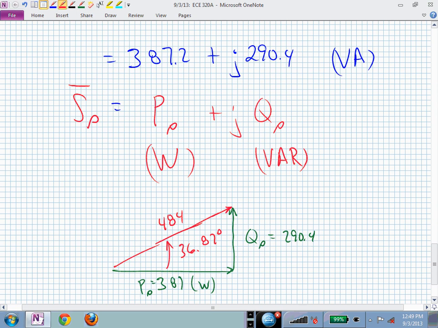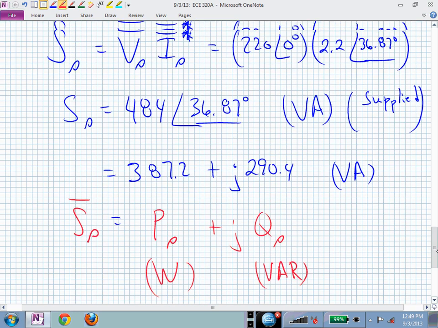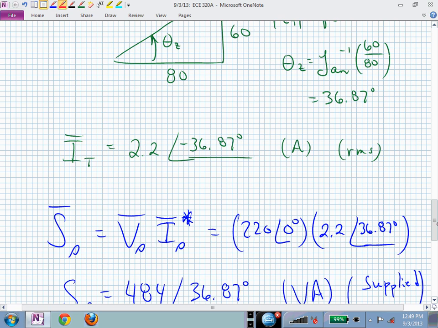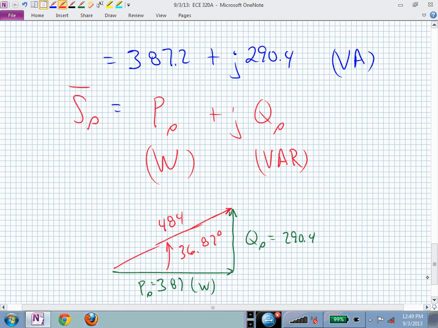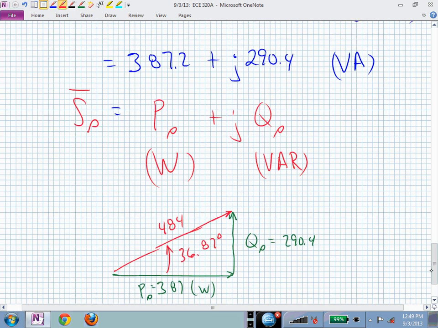Questions on that? Yes. Is the question, where did the P come from? So the P is the real part. It's 387.2. And the reactive part is 290.4.